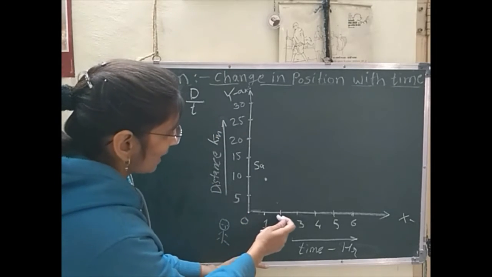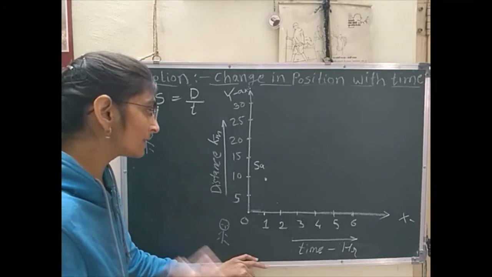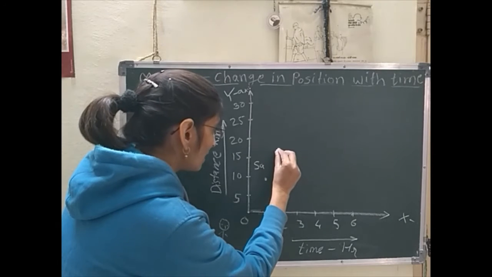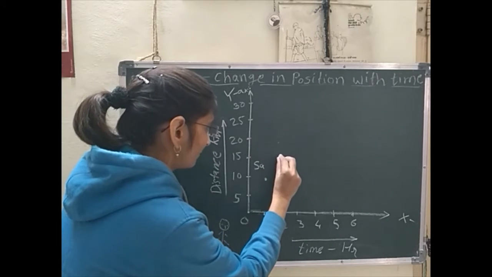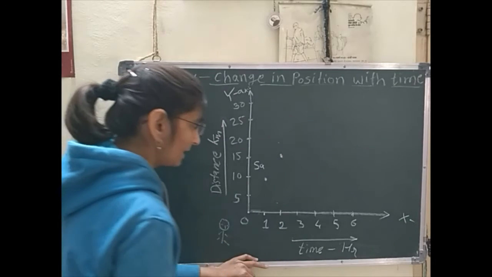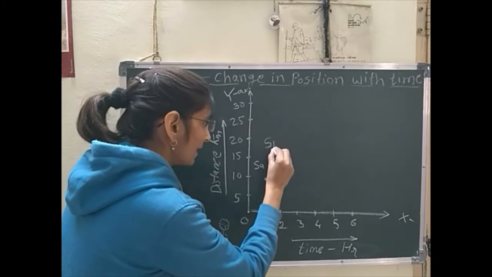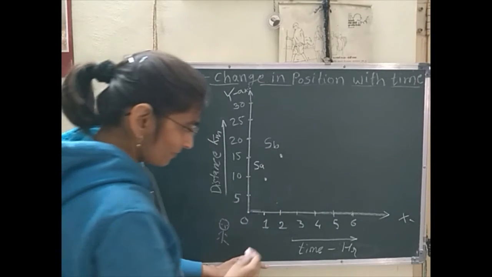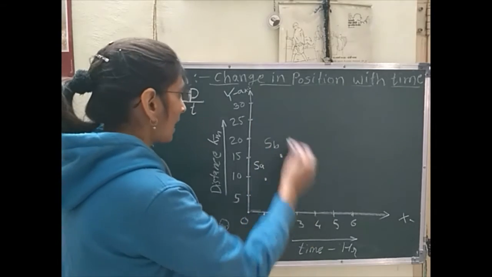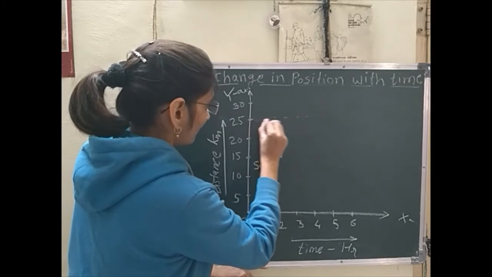Then after 2 hours we will see he has traveled 15 kilometer. So this point I have denoted as B, matlab the second point. After 4 hours we will find that he traveled 25 kilometer.